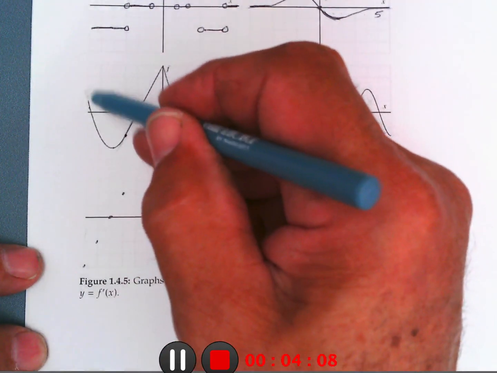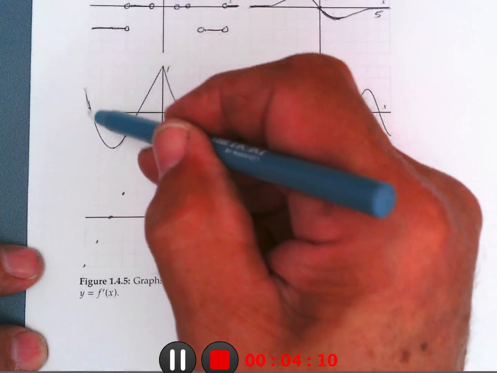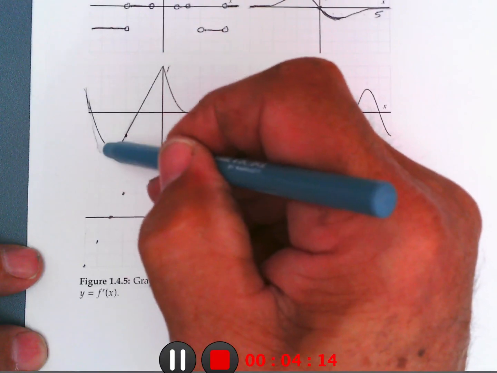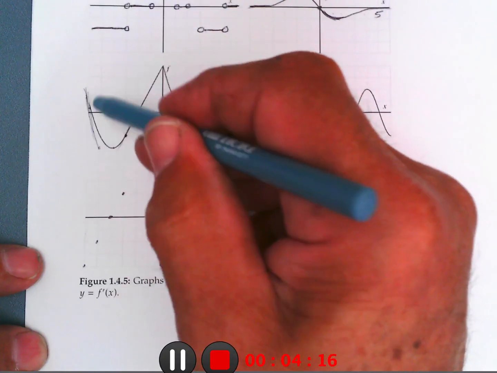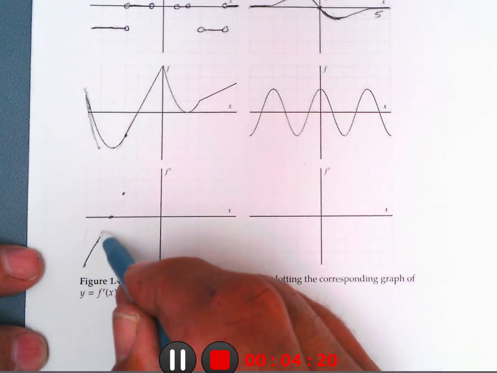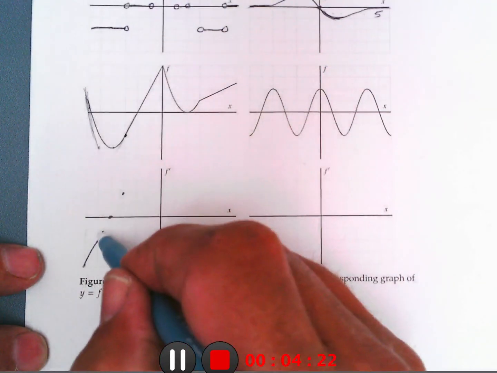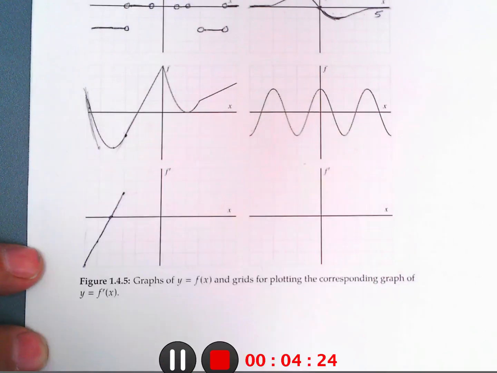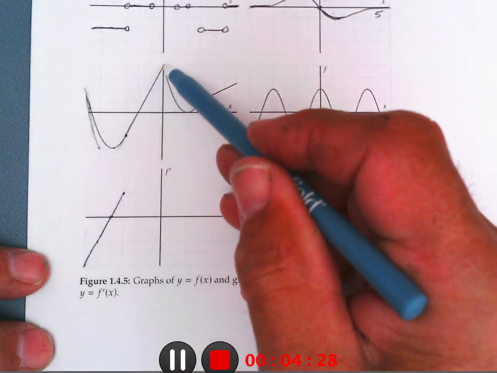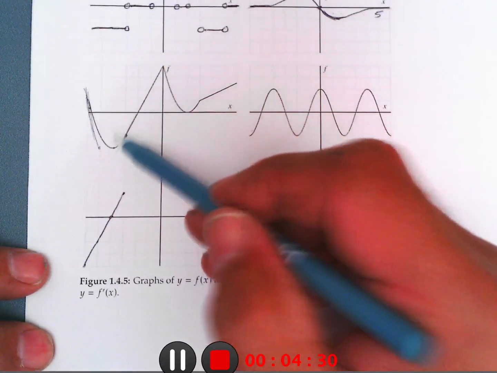Is that about right? Down 4 for 1. That look like about the slope there? I think so. So because parabolas have a slope function that's linear, we get that. This is a slope of 2, always 2, constantly 2.